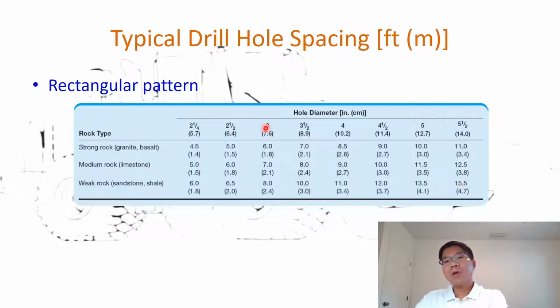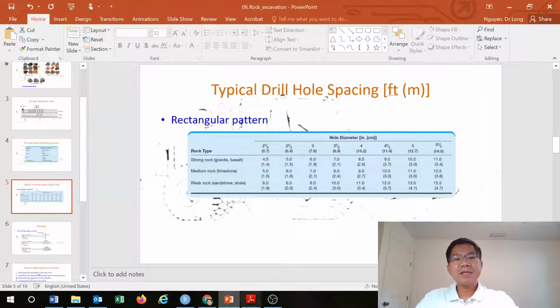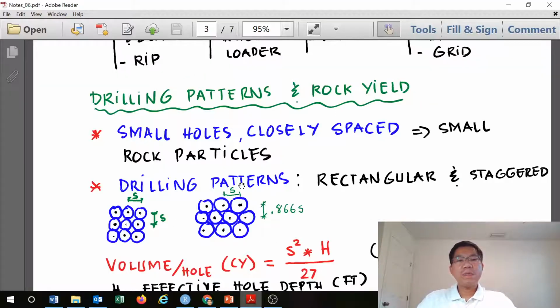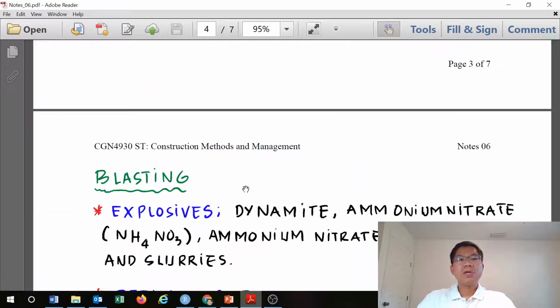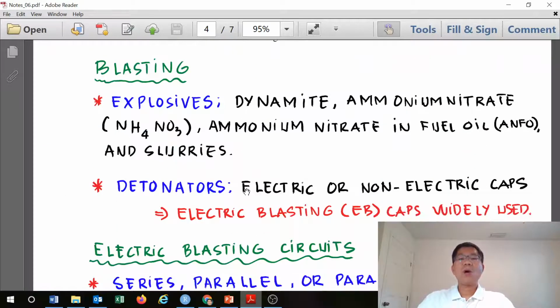So now let's really move on to blasting. When it comes to blasting, it involves not only the equipment, but also the material. So what are the materials used for blasting? First is the explosive and detonators.